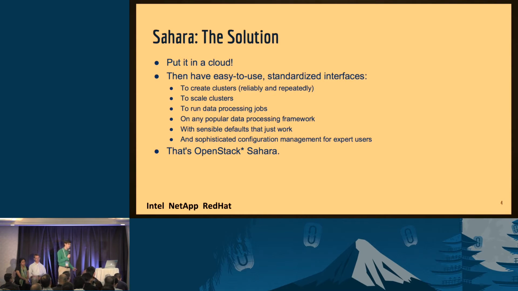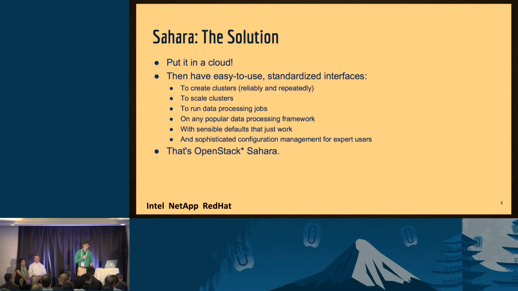So our solution, of course, is to put all this in a cloud, allow you to use interfaces to create clusters, to scale your clusters, and to run elastic data processing jobs, whether you like to use Pig, Hive, Java, MapReduce, Storm, Spark, whatever you like.